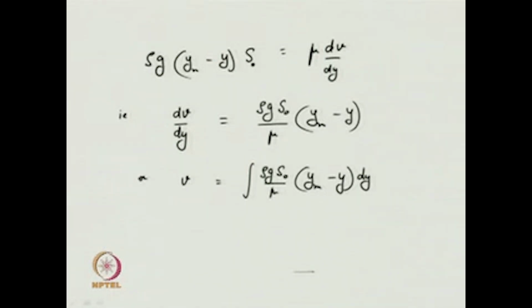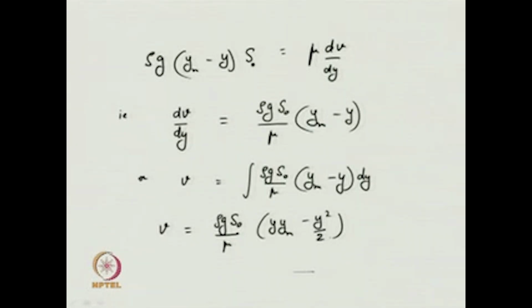You will see that rho g s naught and mu are constant with respect to y. You are going to get this equation as v is equal to rho g s naught by mu into (y ym minus y squared by 2). Okay. So, you are getting a quadratic expression for the velocity in the overland flow.